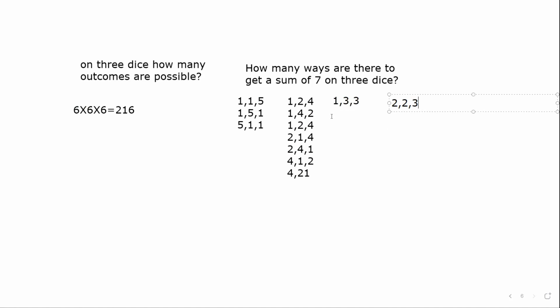So if you list all your outcomes here, again, this is kind of like the 1, 5, 1. There are only 3 ways of doing it. So this is 3, 1, 3, or 3, 3, 1. And then this is going to be 3, 2, 2, or 2, 3, 2, because you have 2 digits that are repeated.